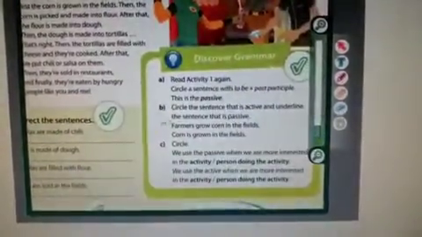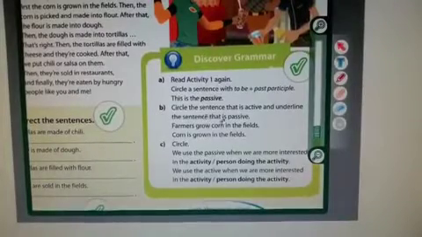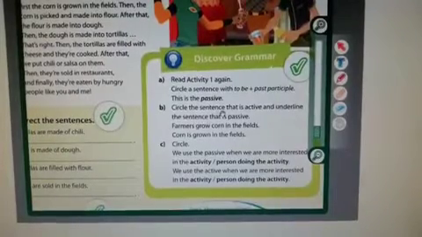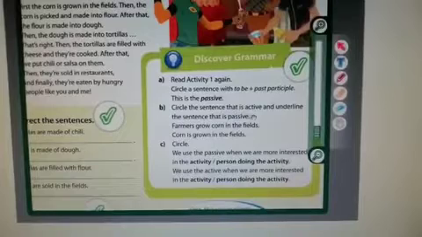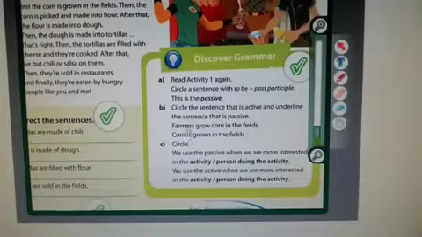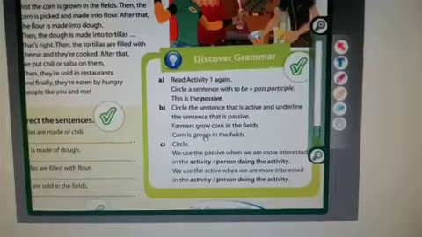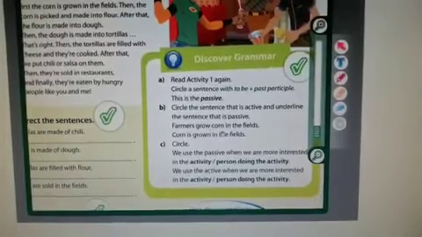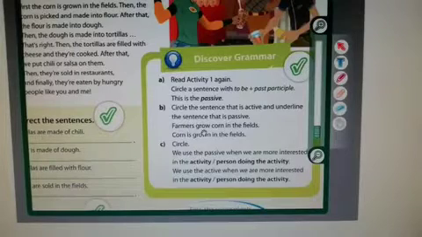Now, look at B. Circle the sentence that is active and underline the sentence that is passive. Here we have two sentences. Which one is active and which one is passive? Farmers grow corn in the fields.